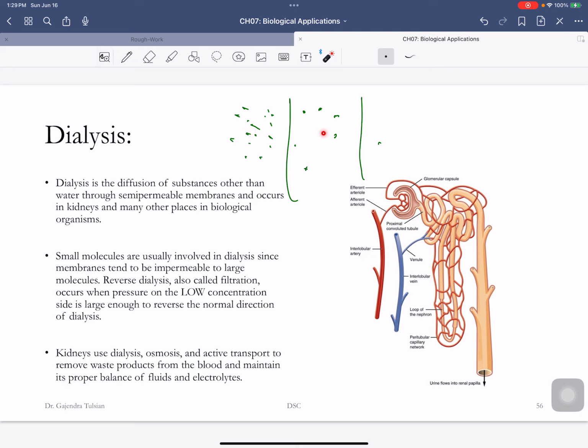But the higher pressure also transports the good stuff out. So the higher pressure here transferred the bad stuff and the good stuff out, and so you have to reabsorb the good stuff. We'll come to that.